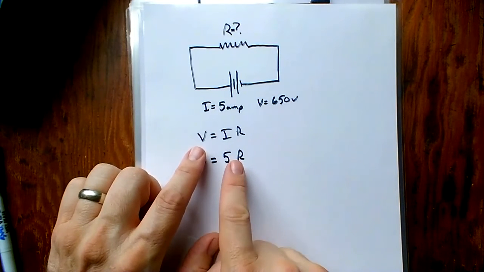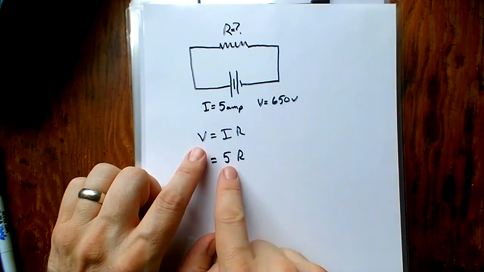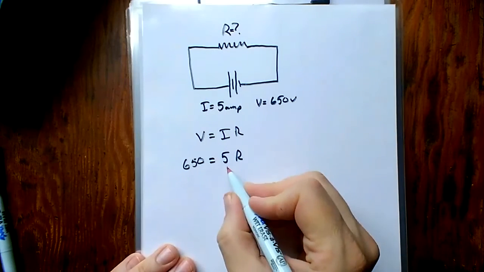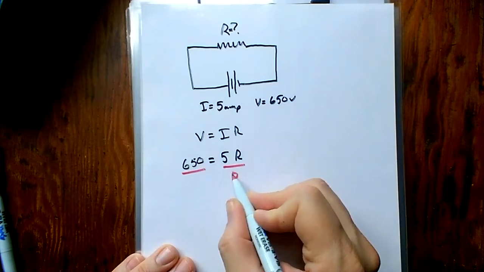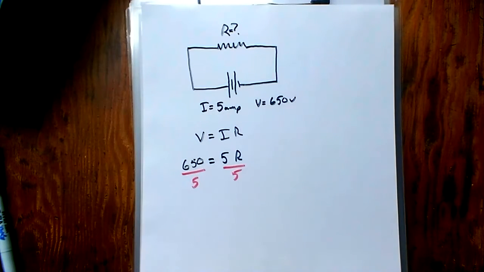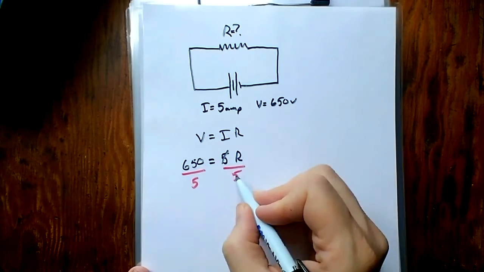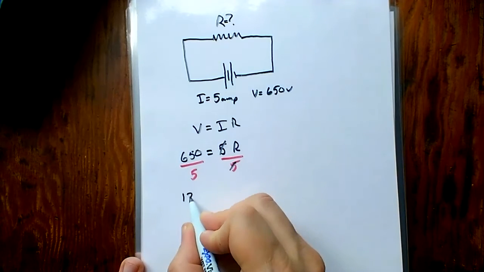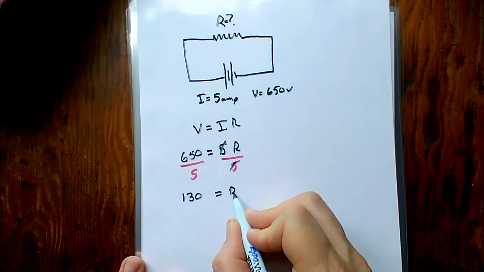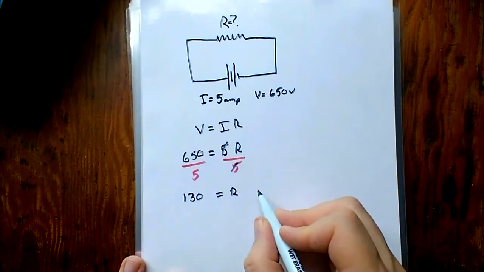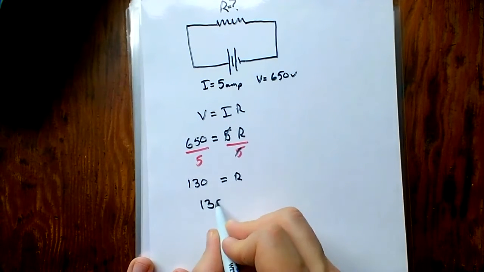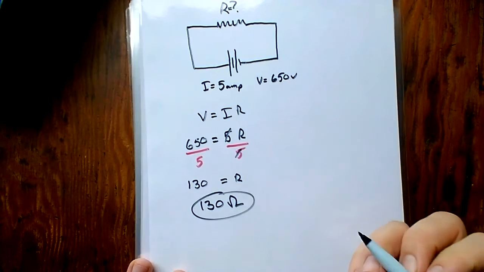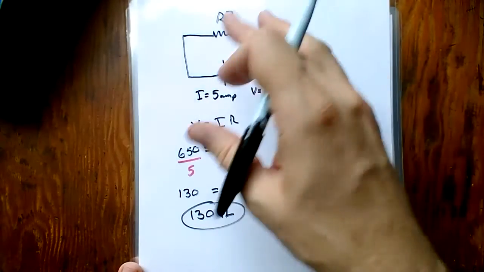In order to solve it, I need to get that 5 over on the other side. This is multiplied together, so I need to divide. I will divide both sides by 5. So 650 divided by 5 is 130, which is equal to my resistance. So that's going to be 130 ohms is the resistance in that circuit.